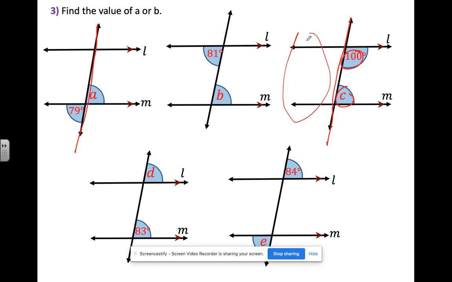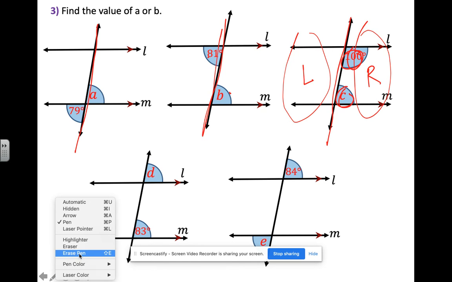It has the left side and it has the right side. If the two angles are on the same side, they're called same side. In this case, they're called same side interior. If they're on different sides of the transversal, they're called alternate. So those are specific names.